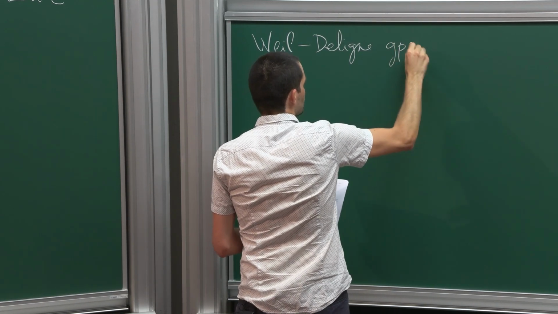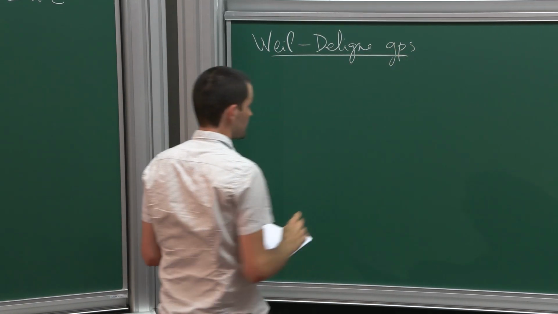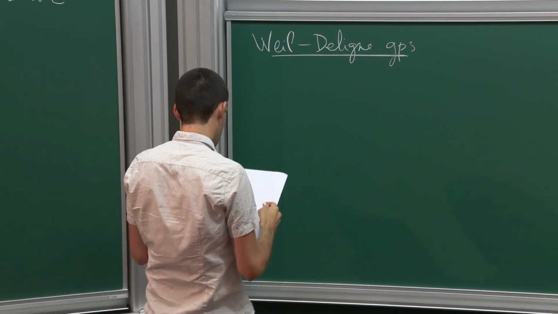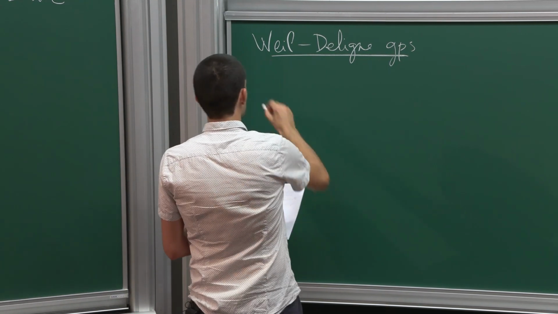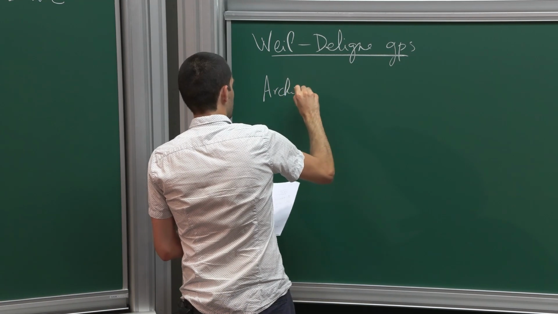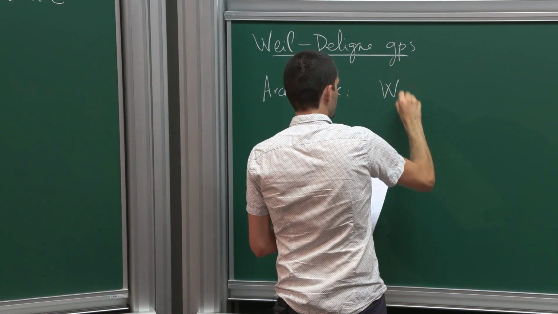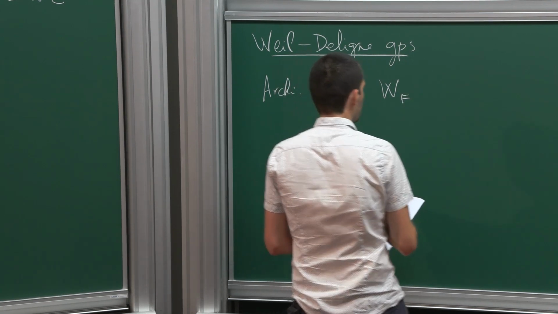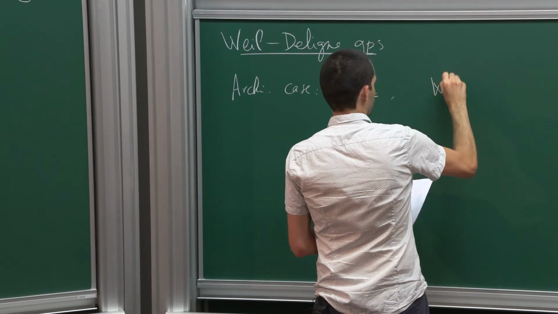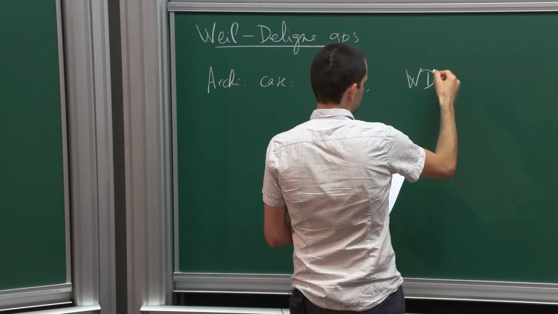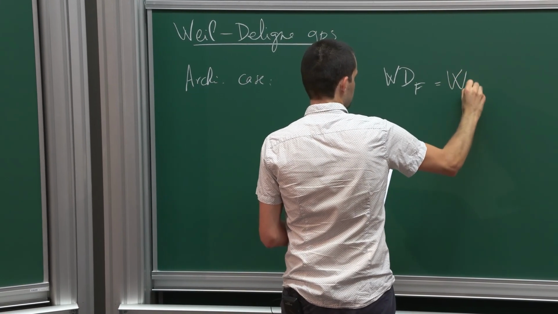And I'm going to waste a bit of time discussing different versions of Weil-Deligne groups. So the Archimedean case is simple. There's just a Weil group, and by convention, the Weil-Deligne group is the same thing.